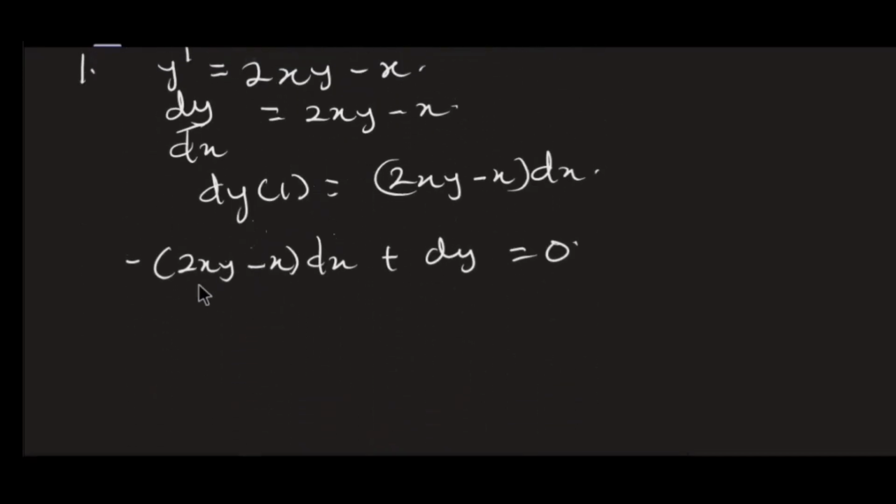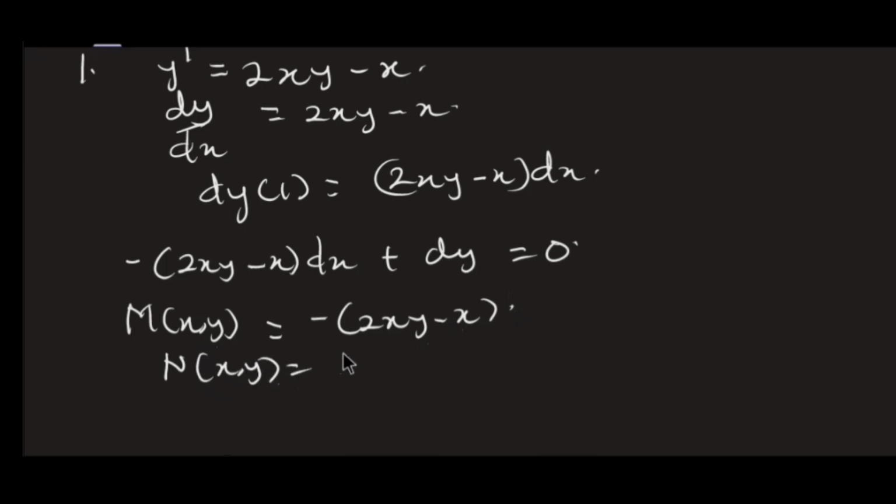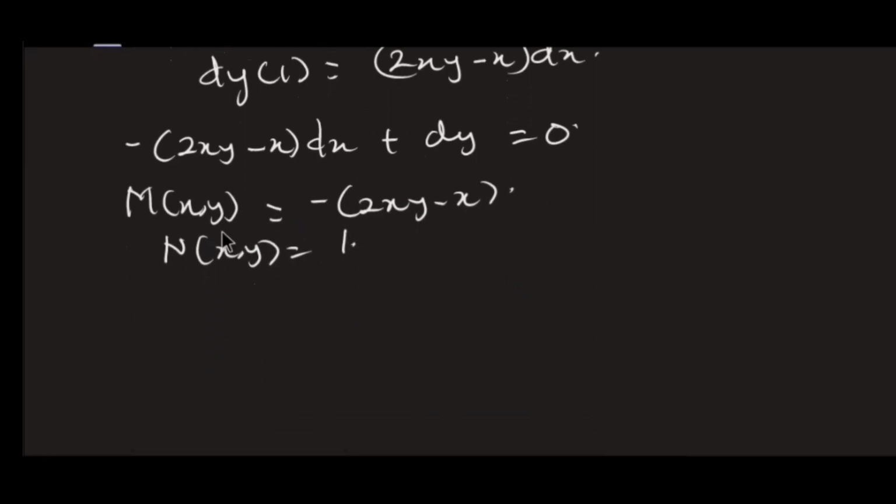So let's see, where is our M of x,y? M of x,y is a function attached to the dx at all times. So in our scenario, it is equal to negative of 2xy minus x, and our N of x,y is equal to 1. At this point, I'm going to differentiate my M of x,y with respect to y. So ∂M/∂y will be equal to, if I differentiate this expression with respect to y, this is a constant, it will tend to 0.